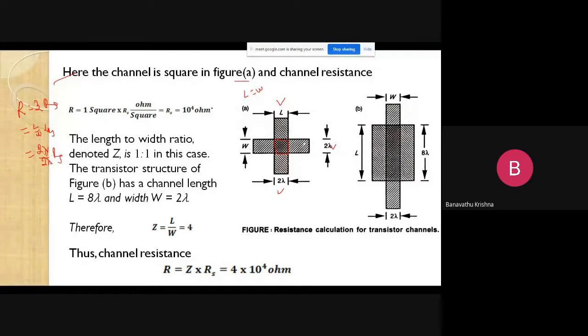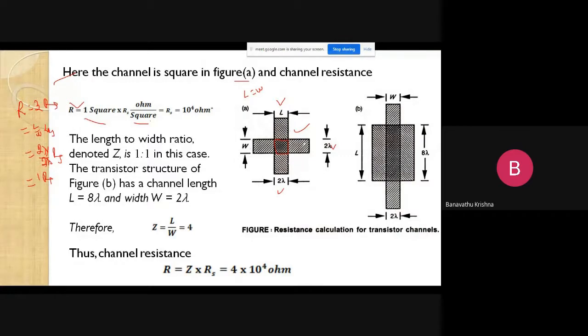Both cancel each other, and finally I get 1 into Rs. So the resistance equals 1 square, because the channel is in the form of a square, into Rs. That Rs is in ohms per square.